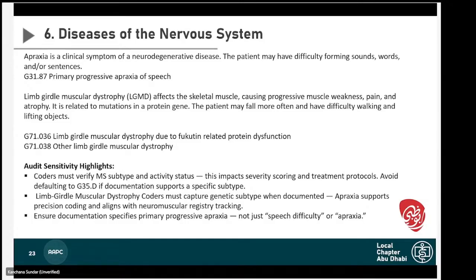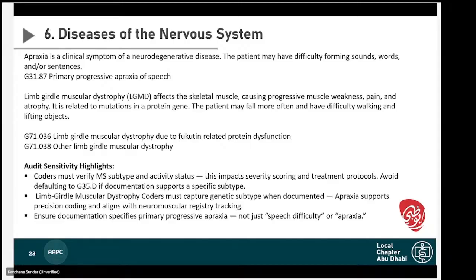And when it comes to limb girdle muscular dystrophy, coders must capture the genetic subtype when documented. And apraxia supports precision coding and aligns with neuromuscular registry tracking. This applies to any genetic and any other new codes introduced. Please ensure that you are coding not only for billing purposes, there is something called registry tracking for each disease.